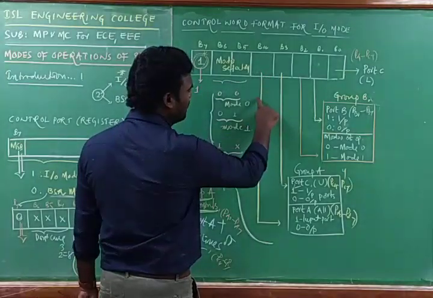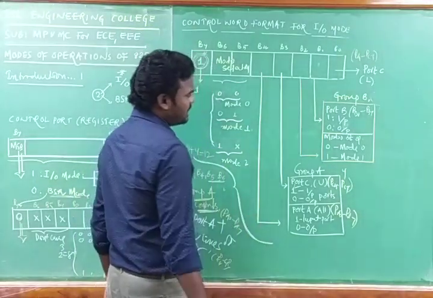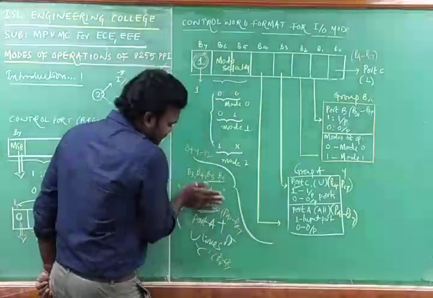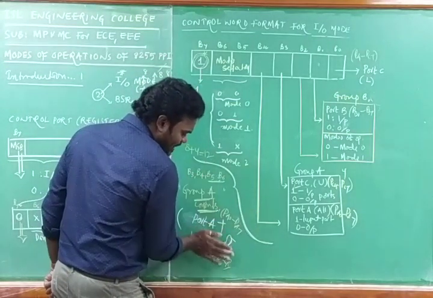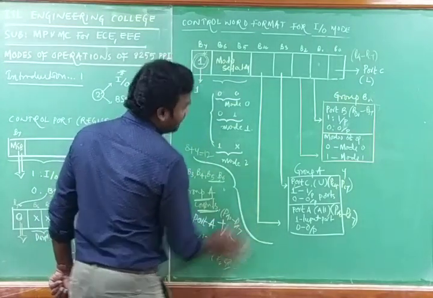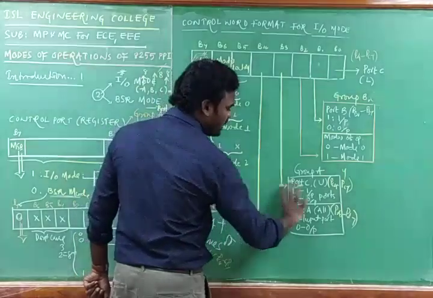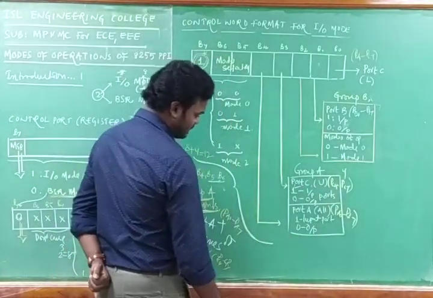Then we are going with B4. Now we are telling that it is group A plus the upper lines of port C, and these two are going to individually describe particular things.